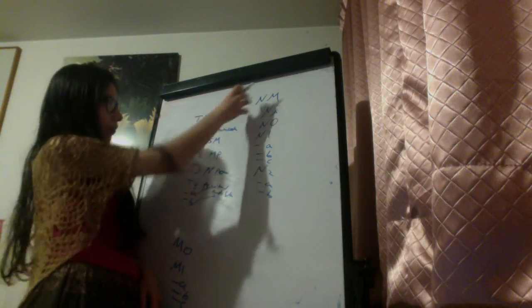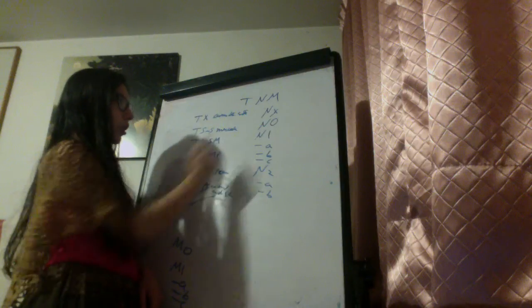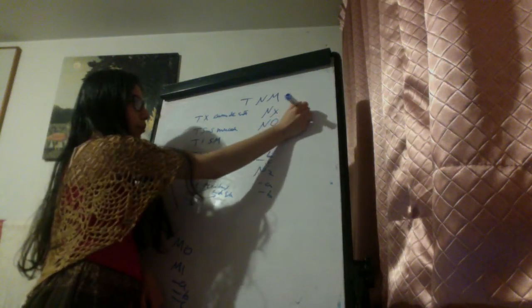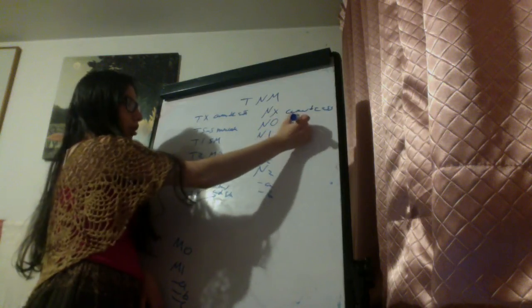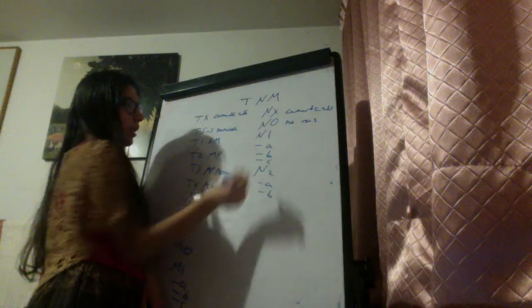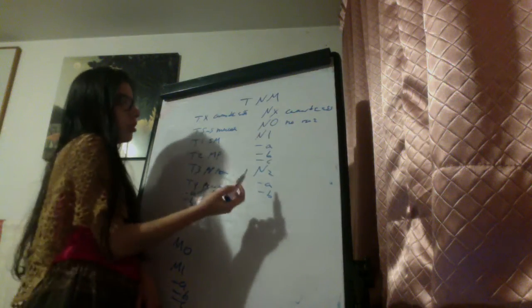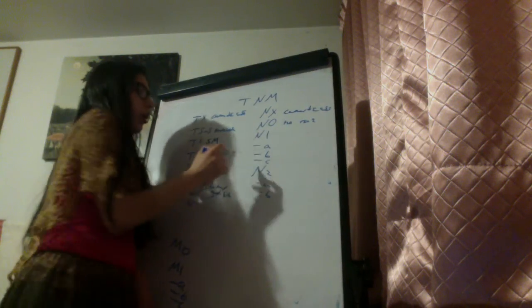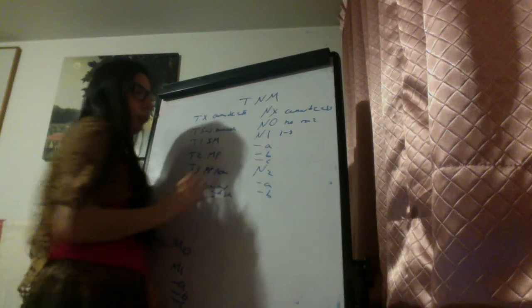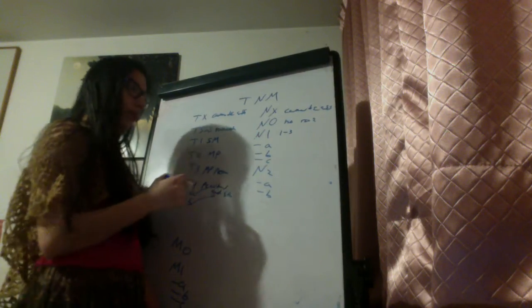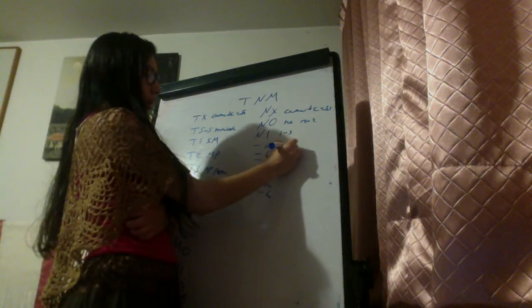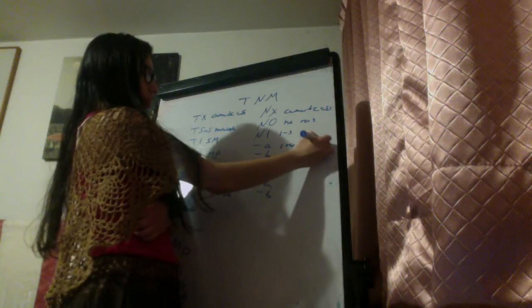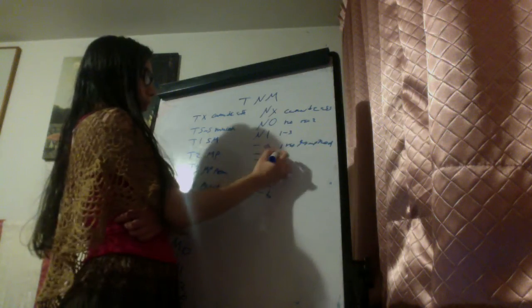Then the classification of the regional lymph node involvement. NX is cannot be assessed. N0 is no regional lymph node involvement or metastasis. N1 is metastasis to 1 to 3 regional lymph nodes. N1A would be 1 regional lymph node involved. N1B would be between 2 and 3 regional lymph nodes.